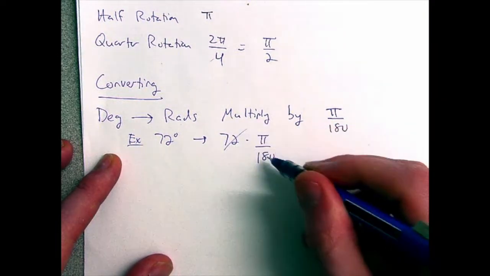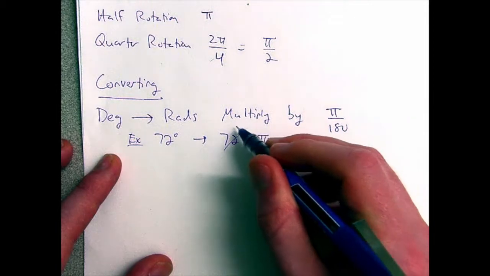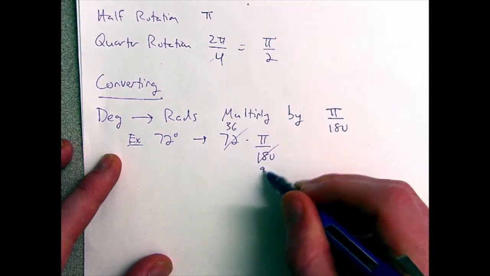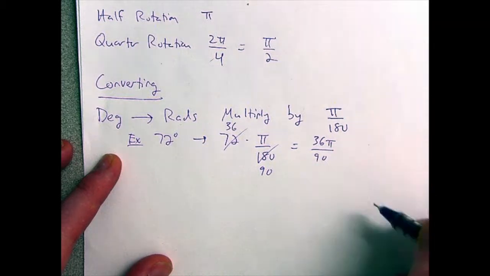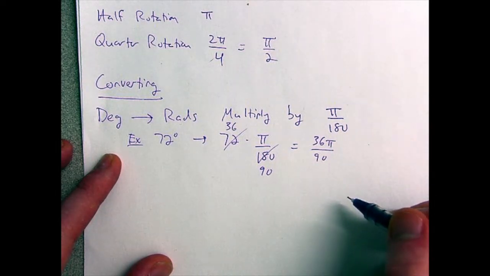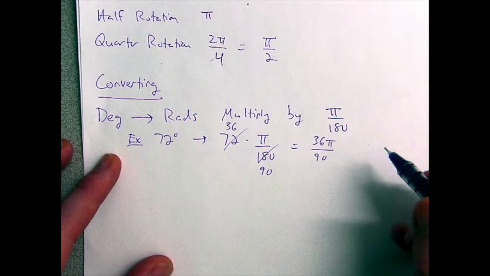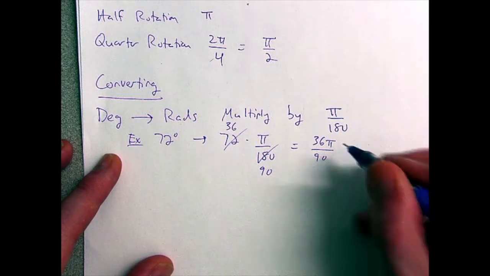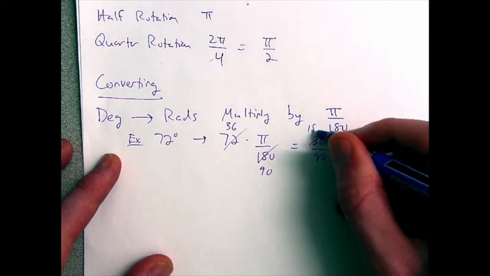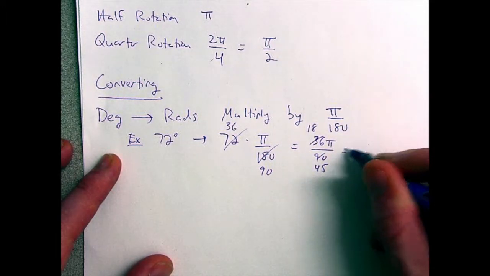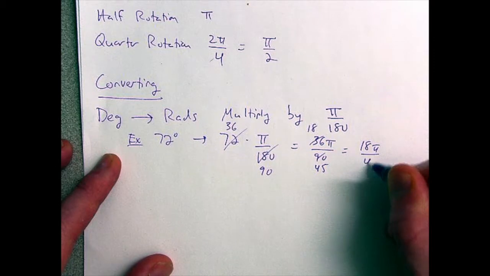So 72 over 180, I can divide both of those by 2. I get 36 here and 90 here. So that would be 36 pi over 90. And I think that this can be reduced further, actually, right? These are both still divisible by 2 again, so I can divide by 2 again. That gives me 18 and 45, so that's 18 pi over 45.